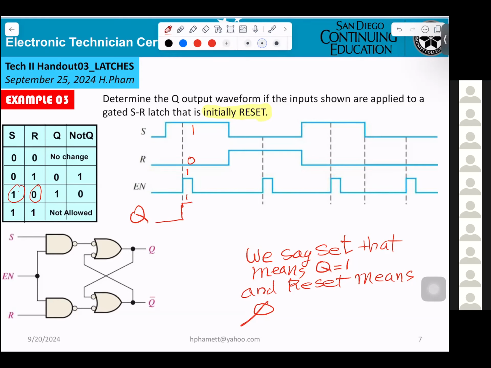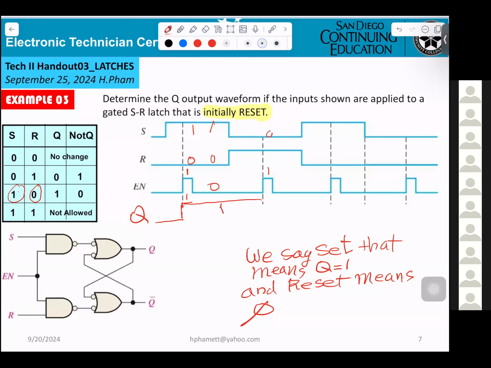And next will be enable equal 0. Enable equal 0, so you still get 1 and 0. So there will be no change until enable equal to 1 again.